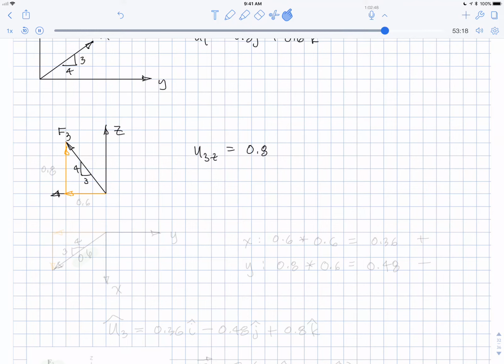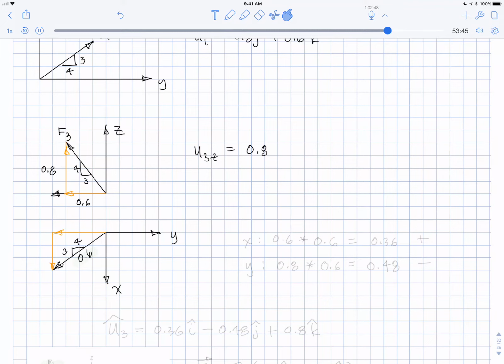Now we need to look at the top view to get the x and y components, but the x and y components have to add up to a magnitude of 0.6.